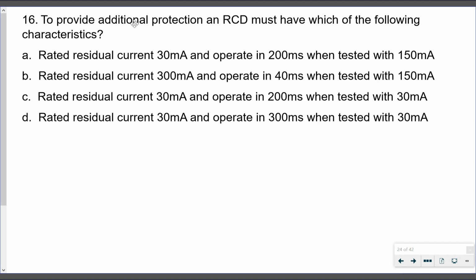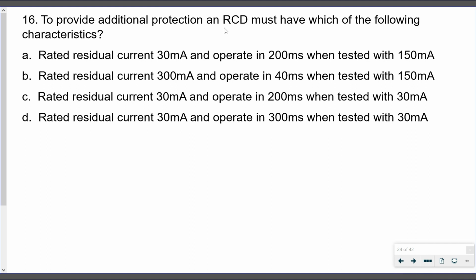Well, the fact it says additional protection for the RCD, then we know that an RCD, its maximum trip rating, should I say, is 30 milliamps. So that straight away we can get rid of this answer B.